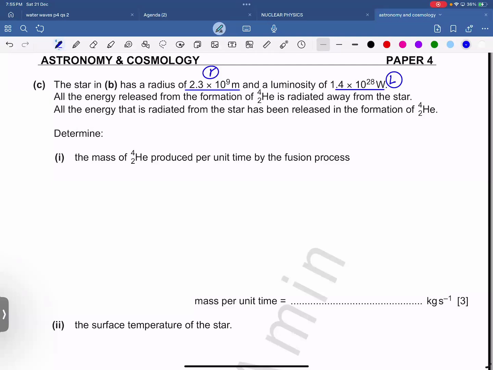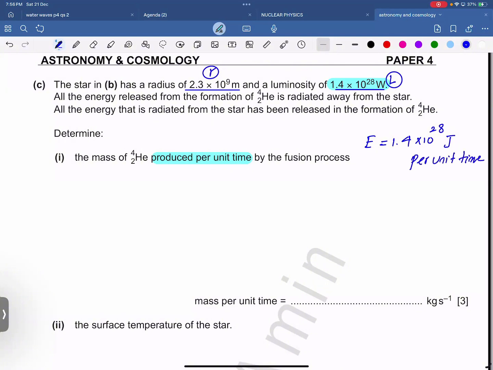So there are different ways. You already have this total. This is the radiant power. It's already written per unit time. So actually that energy is this many joules per unit time.